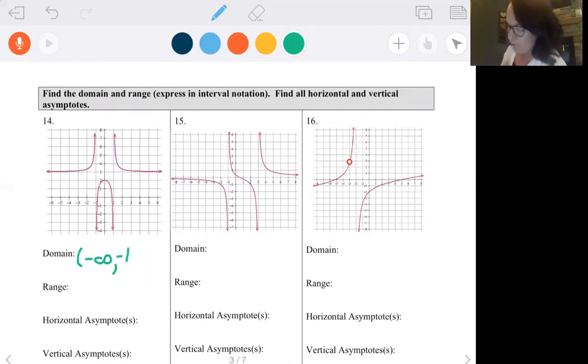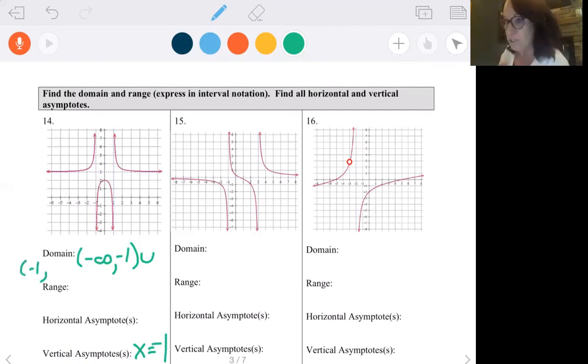Then I hit a vertical asymptote at x equals, it's a line, right? Asymptotes are lines that we approach, but we never quite can touch them. All right, so vertical asymptote at x equals -1, right? Then it looks like I'm good from, so I'm going to union it up with, I'm good from open at -1.